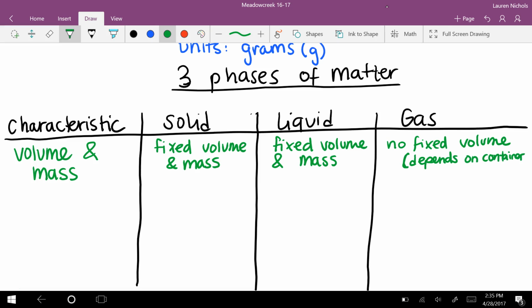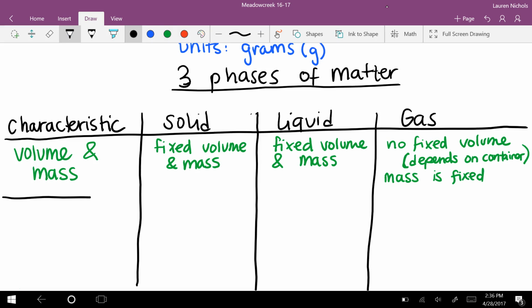We know that if I were to spray a can of perfume at the front of the classroom, somebody in the back of the classroom would be able to smell it eventually because gas particles move. They take the shape of the container, either the classroom or the aerosol can. But the mass is fixed. The weight of that gas, the amount of matter in that gas, will still stay the same.